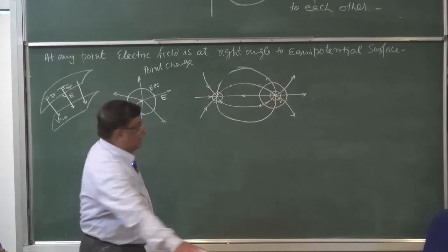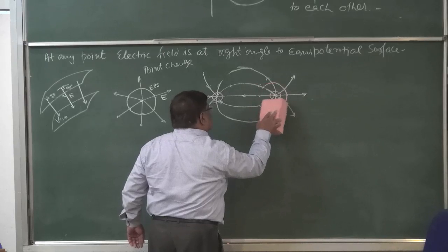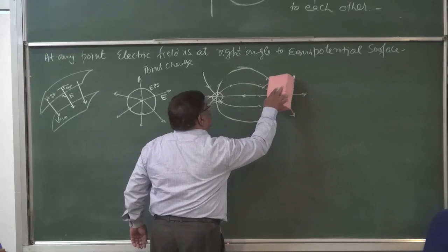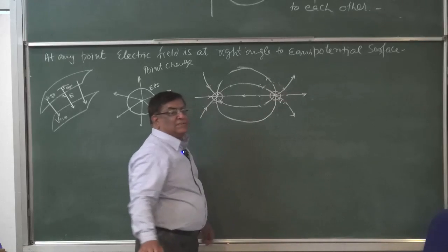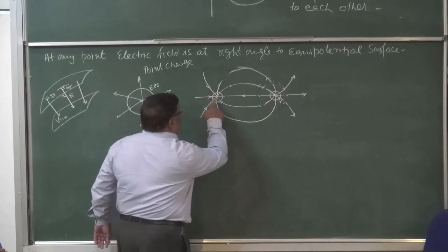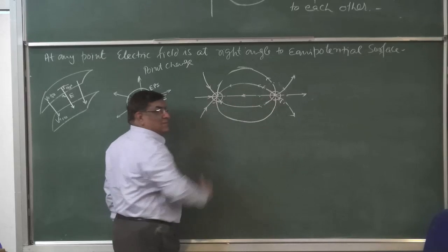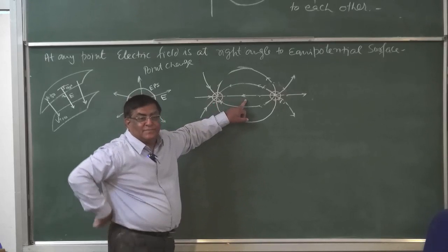Now let me correct it. Where is the zero potential? Minus L distance, plus L distance. Here potential because of this will be how much?